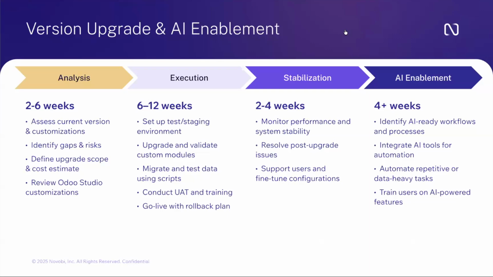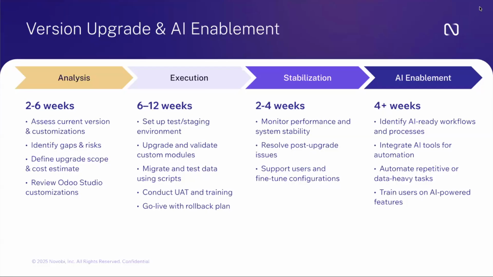Because of our vast experience, Novobi has developed a process, as you can see here, so that we can ensure the upgrade would go as smoothly as possible, knowing the process can sometimes be challenging and painful if it's not done right. So if you want to also leverage AI in the new version, we also recommend the phased approach that we outline here.